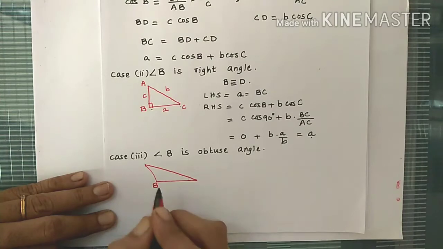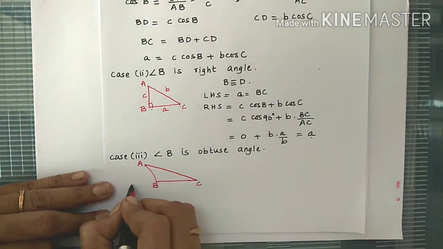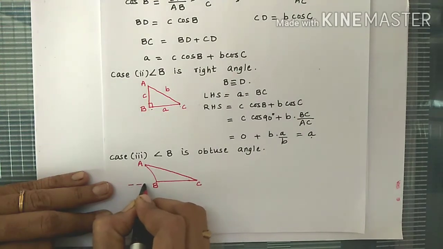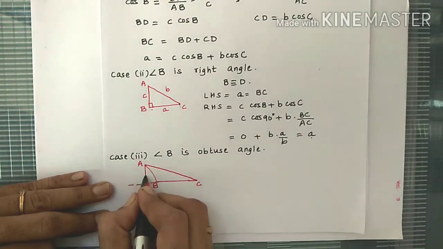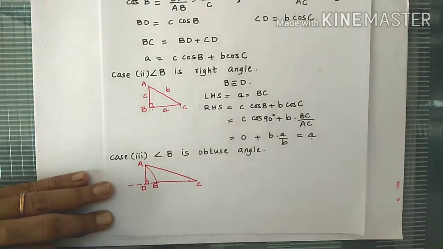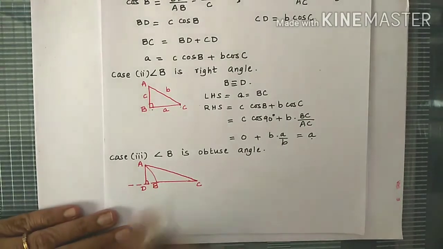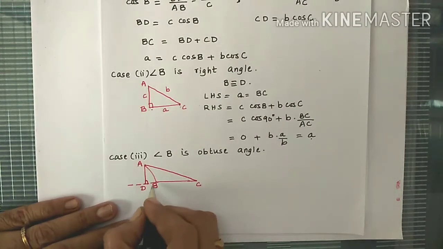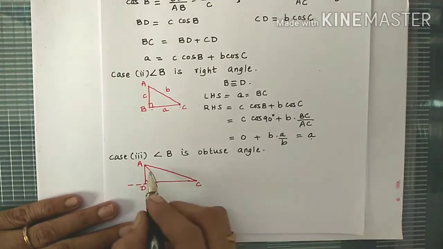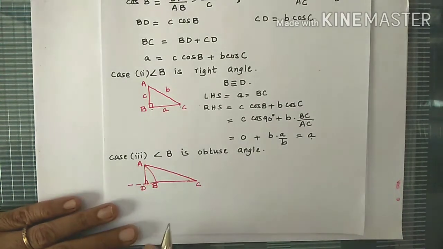Now what has happened to the projection? When we draw perpendicular AD to BC, it is to the left of BC now. So let's study triangle ABD and triangle ACD as in case 1.